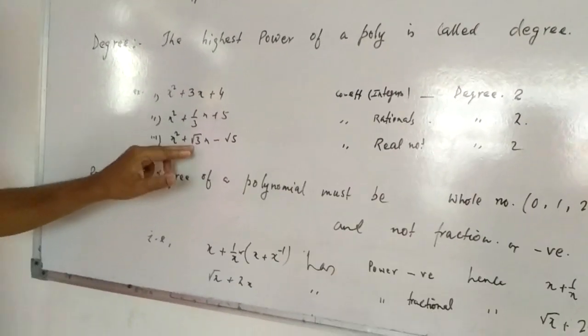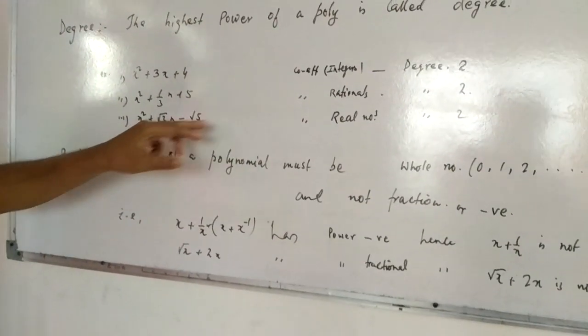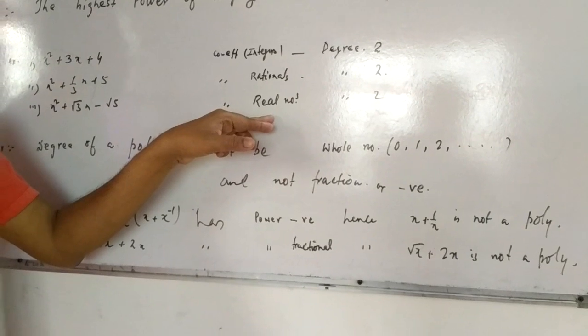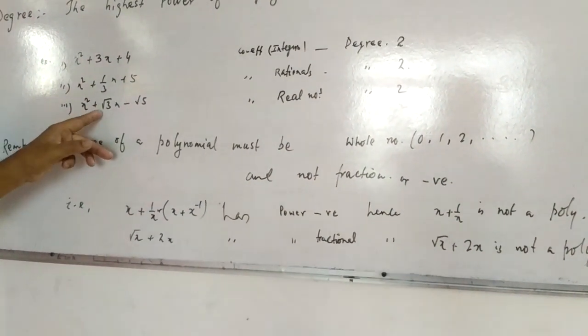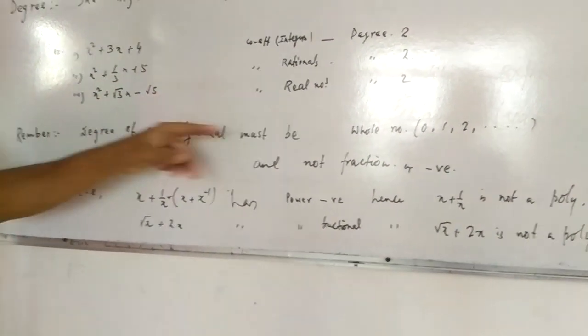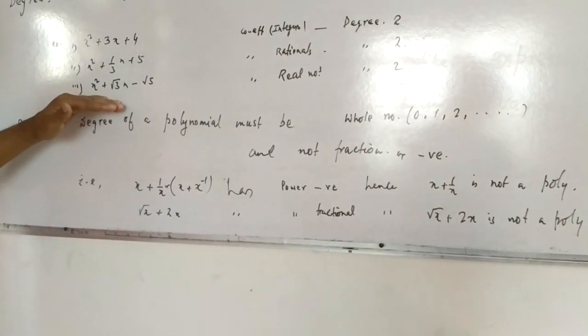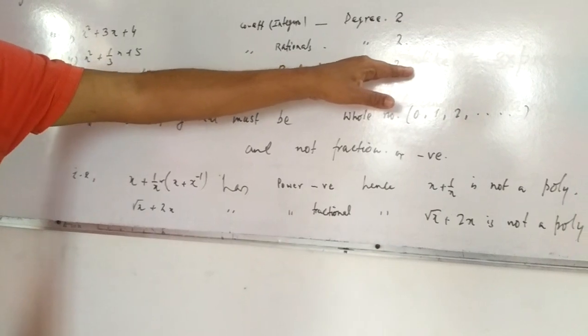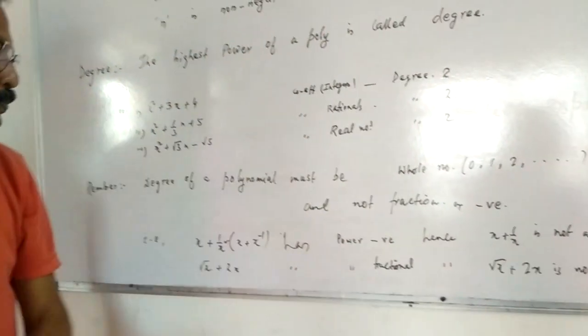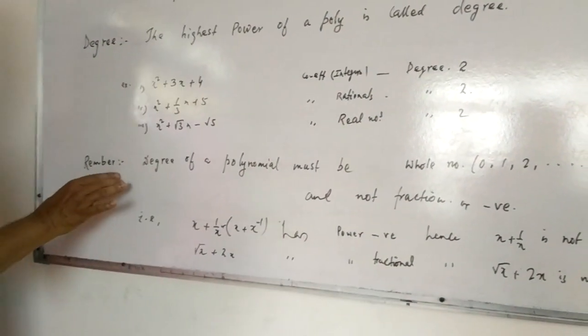Here the coefficients are real numbers. Here we have irrational numbers √3 x and √5. The coefficients are real numbers, but degree is 2.